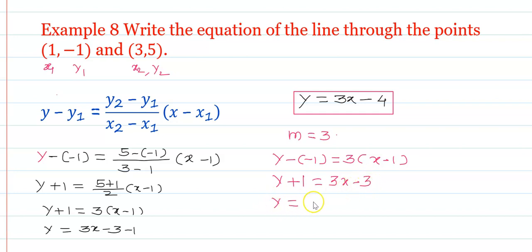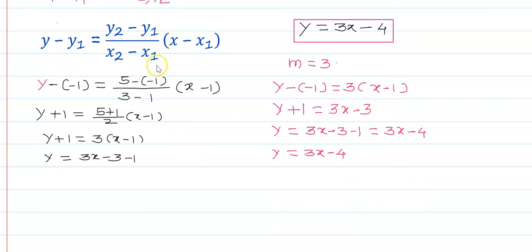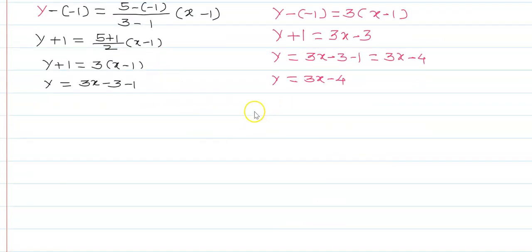Therefore y is equal to 3x minus 3 minus 1, which is 3x minus 4. We have the same equation. If we take the point (3, 5), we get the same equation.